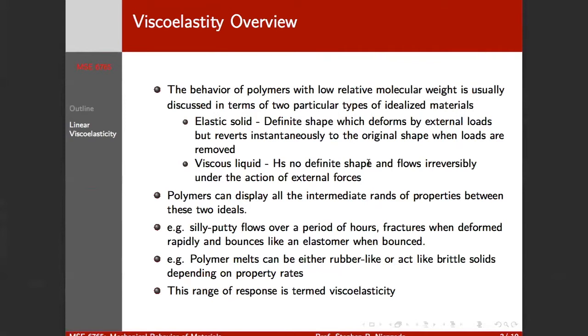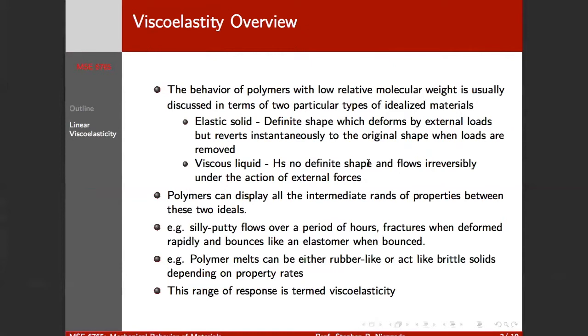Viscoelasticity is clearly defined in some senses, but in others, it's more nebulous.